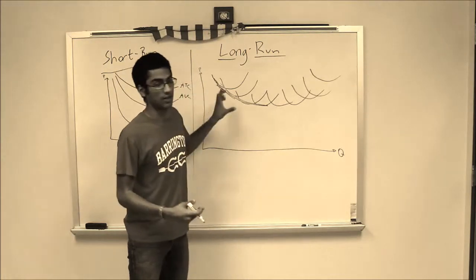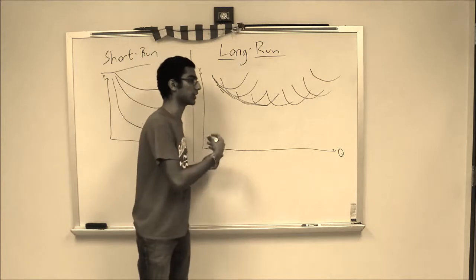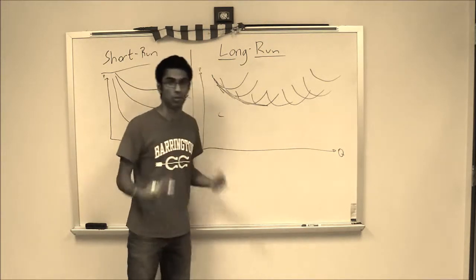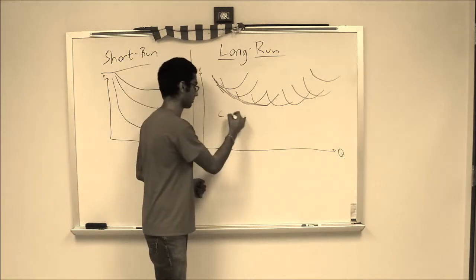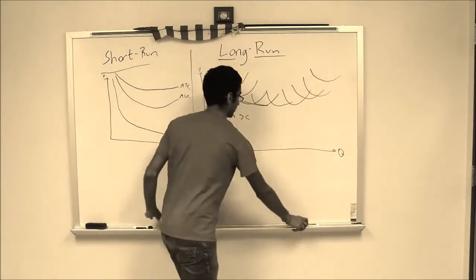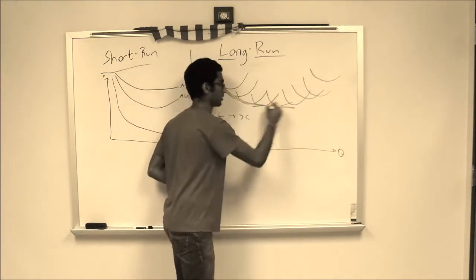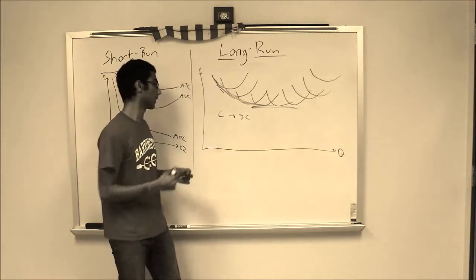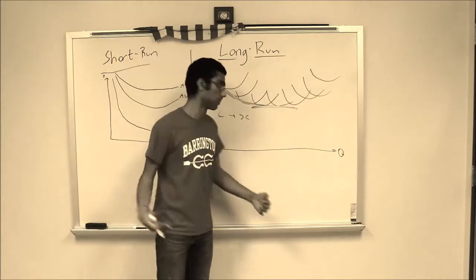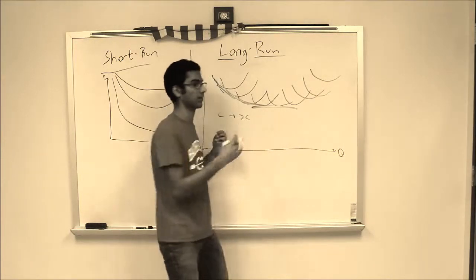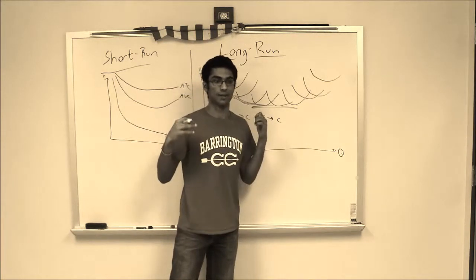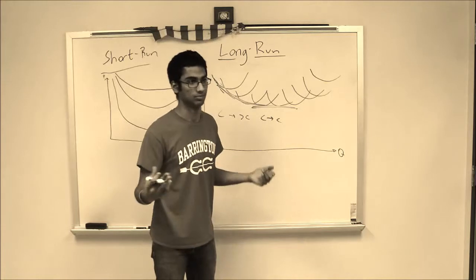Over here you have economies of scale, and so that means if you scale up production by a constant C, then you get more than that constant out, so you get greater than C. Over here, you have kind of a little flat area where you have, let's say, a moderately sized company, and by scaling up production by C, you get C. So if I double production, I get double output.